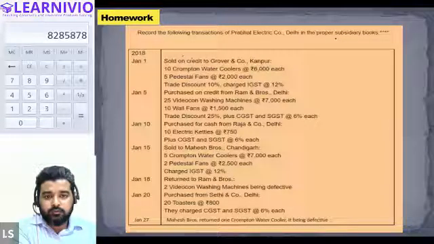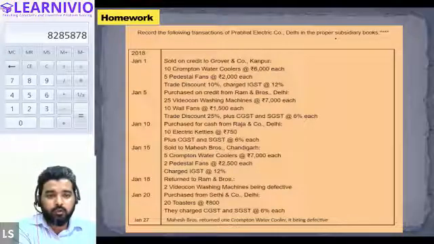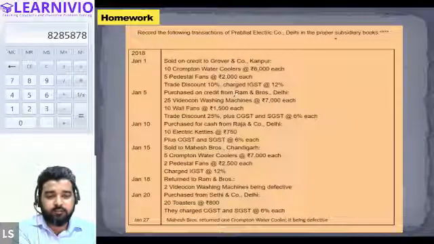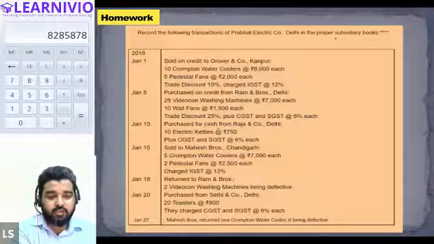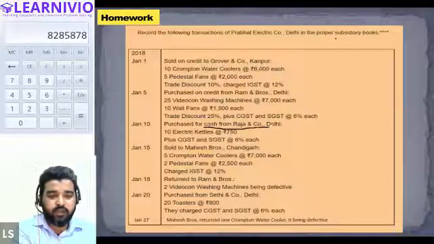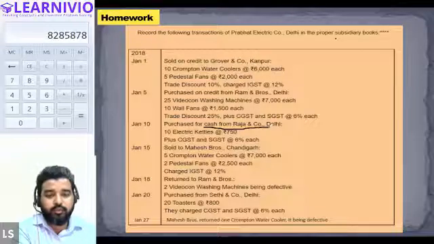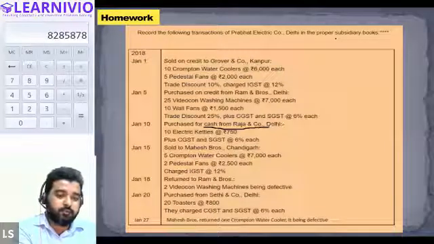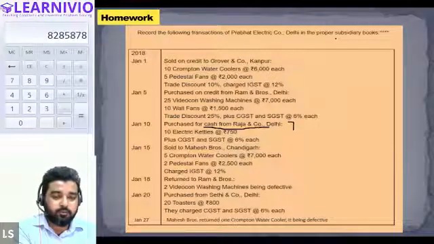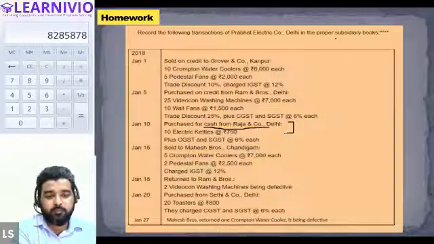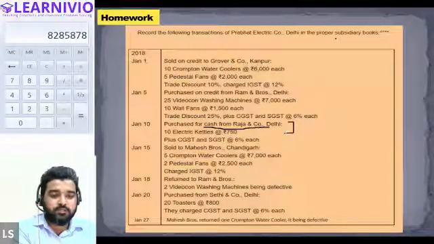So these are the items: goods sold on credit to Grover. This will be recorded in the sales book. Purchase on credit will be recorded in the purchase book. Purchase for cash: we are purchasing for cash, so we need to prepare the cash book this time. You will be preparing the cash book because we purchased for cash from Raj and Company, electric kettles.